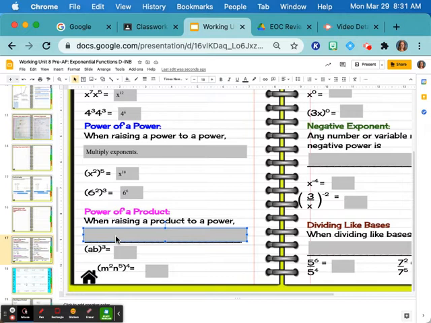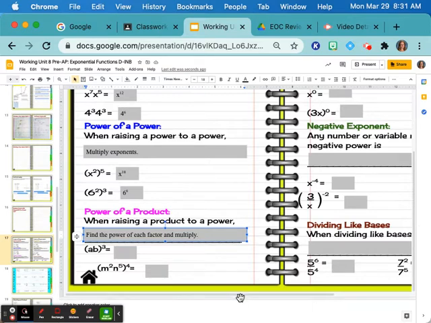I'm going to write, find the power of each factor and multiply. So each factor is like A is a factor of AB, B is a factor of AB. I'm going to take the power of each one, and then I'm going to multiply them.